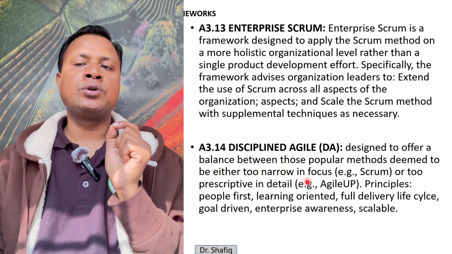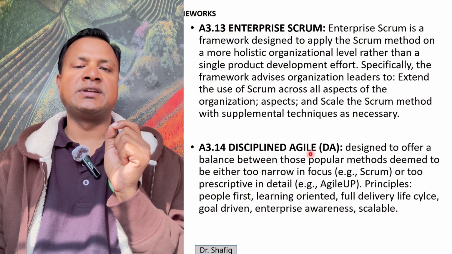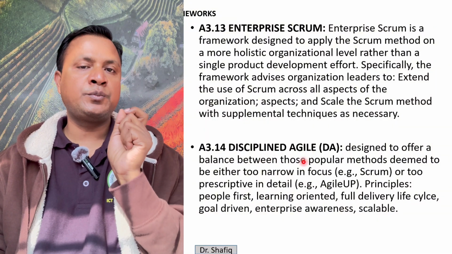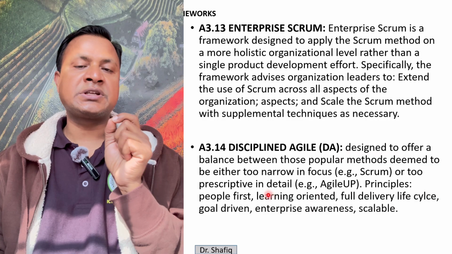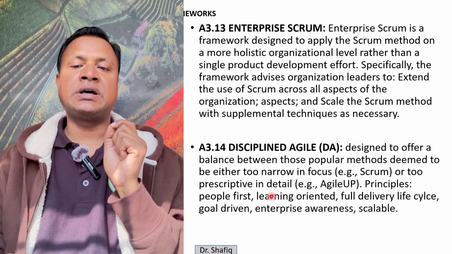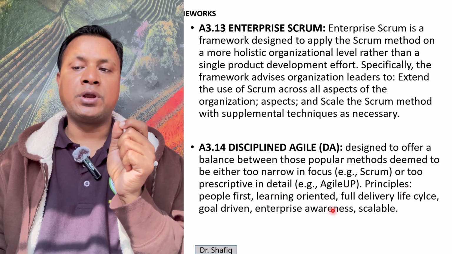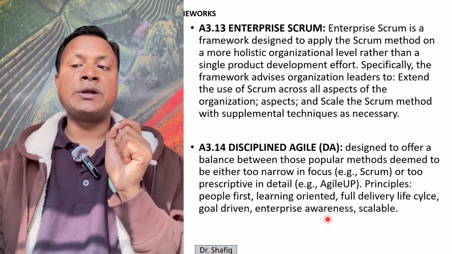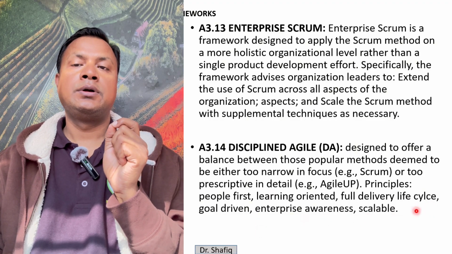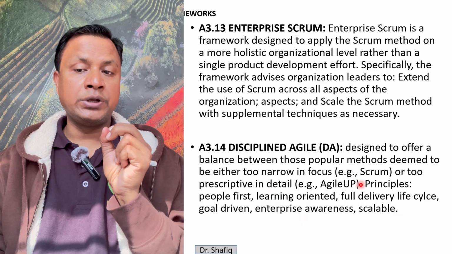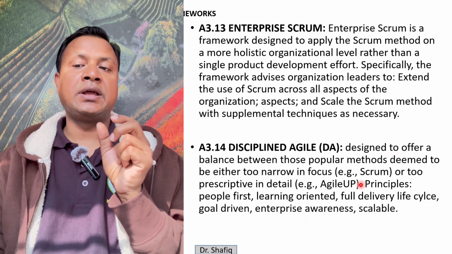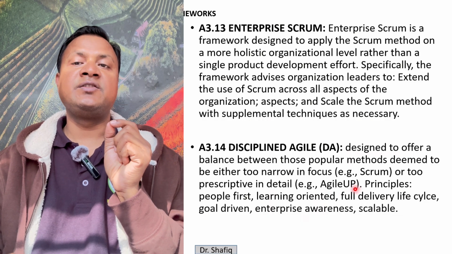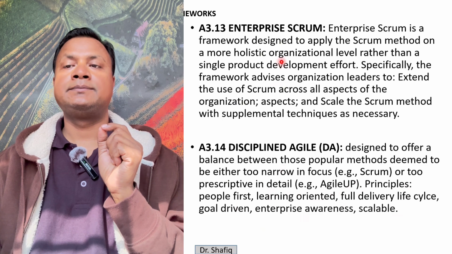That's why this is called disciplined Agile. They focus on a specific product or are prescriptive in detail. So the principles are people first, learning oriented, full delivery life cycle, goal driven, enterprise awareness, and scalable. So this is product based or too narrow or prescriptive in detail like Agile UP, but it differs from enterprise Scrum.